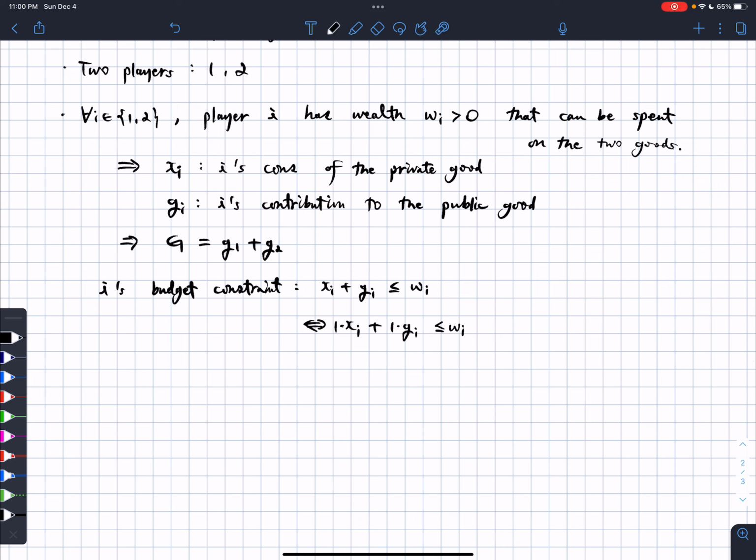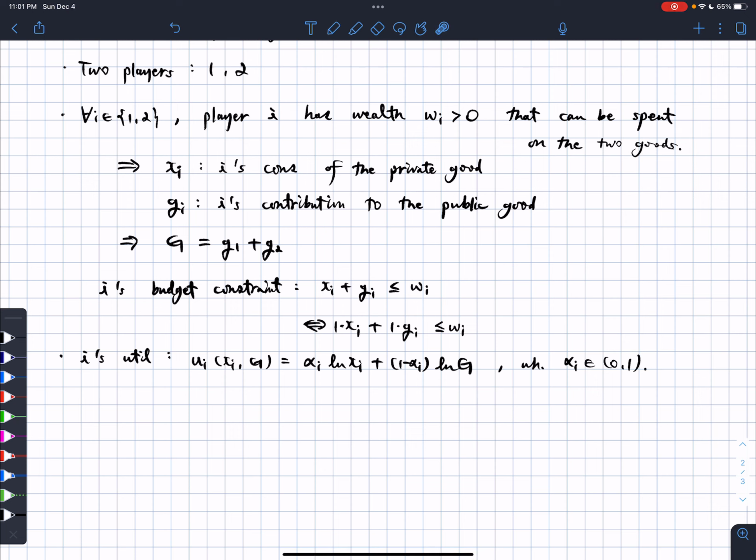Now, what about player i's utility or the payoff? Well, he has a Cobb-Douglas utility function. Okay, and what is this alpha_i? It is some fixed constant between 0 and 1.